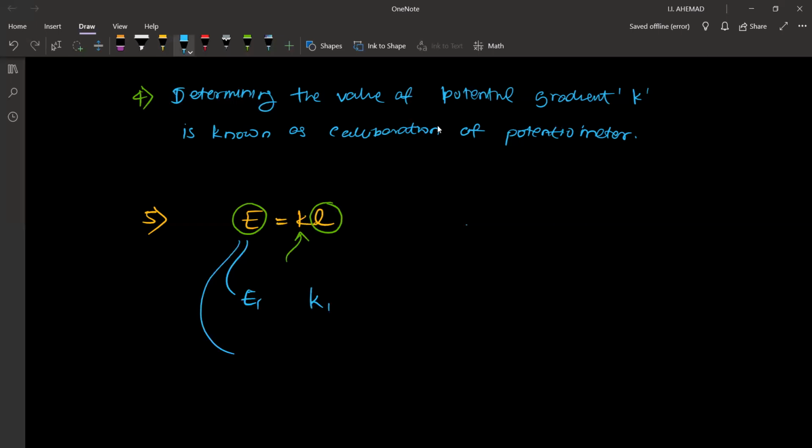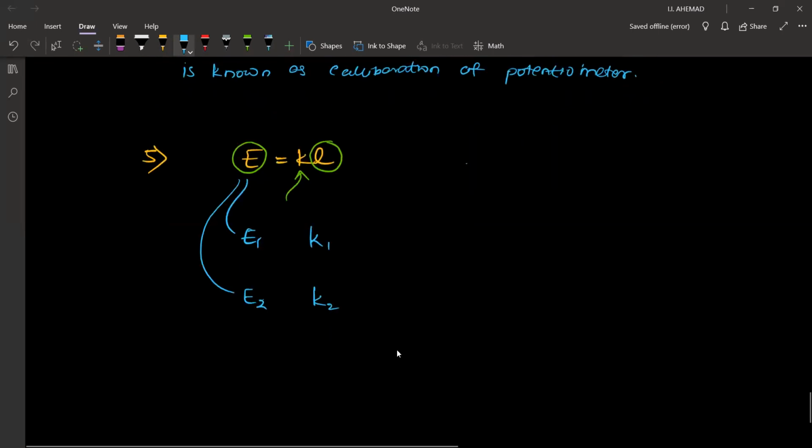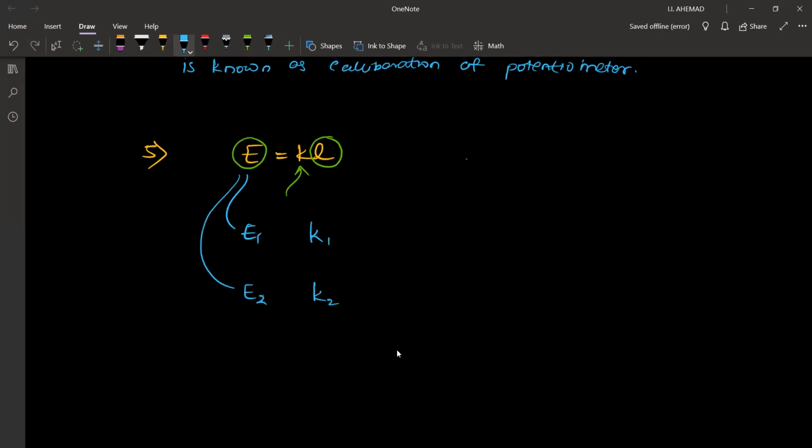If someone uses another cell E2, he will get another value K2. So now there's a problem, right? Depending on the cell they use, the K changes.